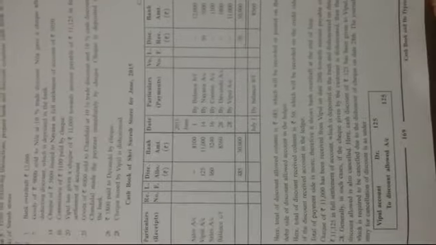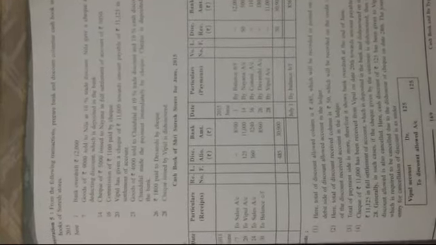Goods of rupees 9,000 was sold to Neela at 10% trade discount. Neela gave a check after deducting discount, which is deposited in the bank. So first of all, deduct the 10% trade discount out of the 9,000.